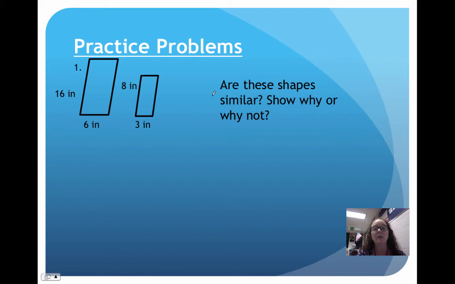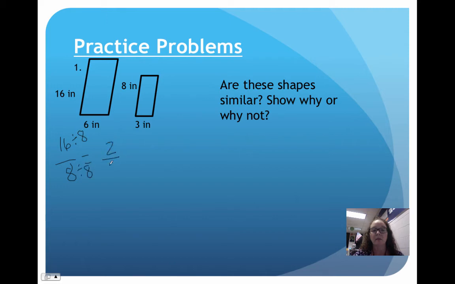All right, practice problems. Go ahead and pause the video while you determine if these shapes are similar or why not. Unpause when you're ready to check your work. Okay, here we have 16 to 8. Greatest common factor is 8.